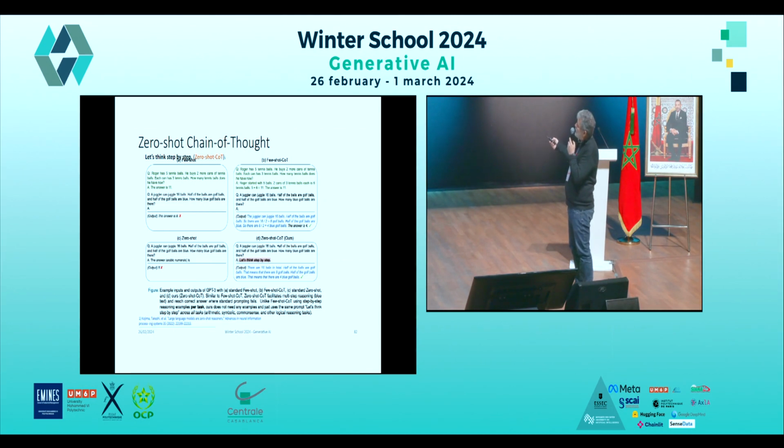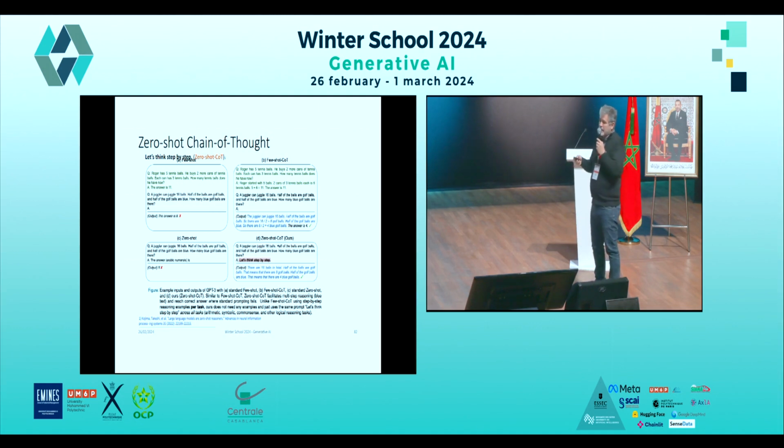So only by adding this sentence after a zero shot question, which means that there has not been any previous experience to the LLM for that, but only adding, let's think step by step, it makes the LLM explain and give better answers.